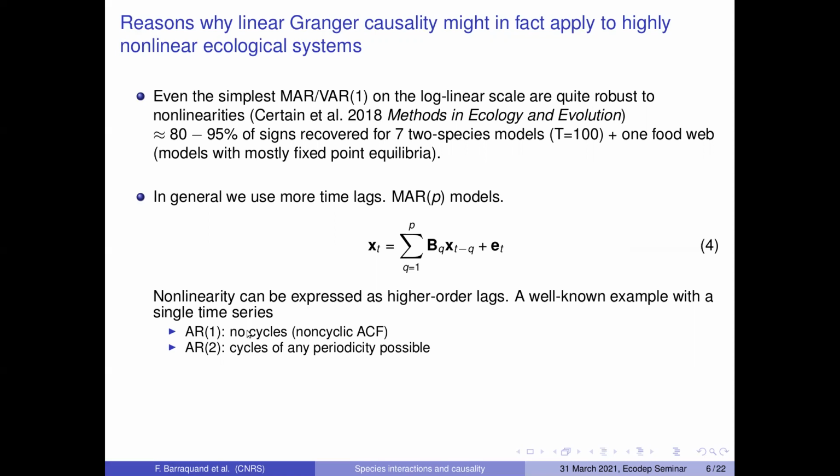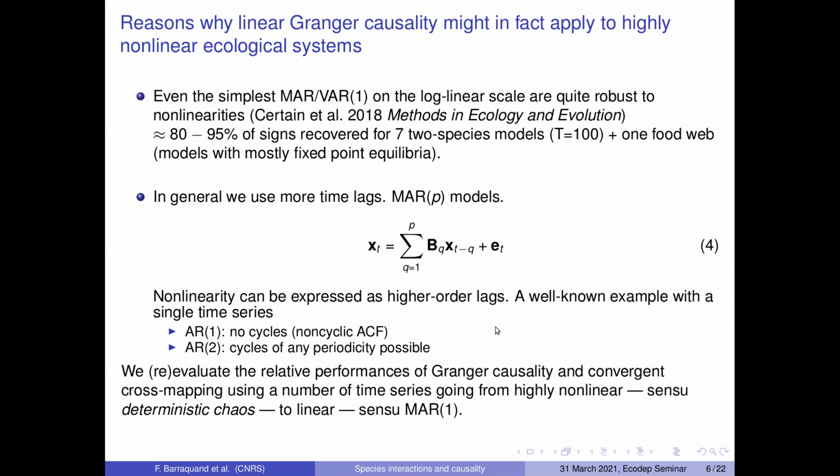If you have an AR1 model, you cannot have cycles of any periodicity. But with an AR2 model with only two time lags, you can basically have cycles of any periodicity and variable amplitude as well. Of course, an AR2 model won't be able to mimic all sorts of oscillations. There will be oscillations that are not well captured, but still, it will give you an approximation.